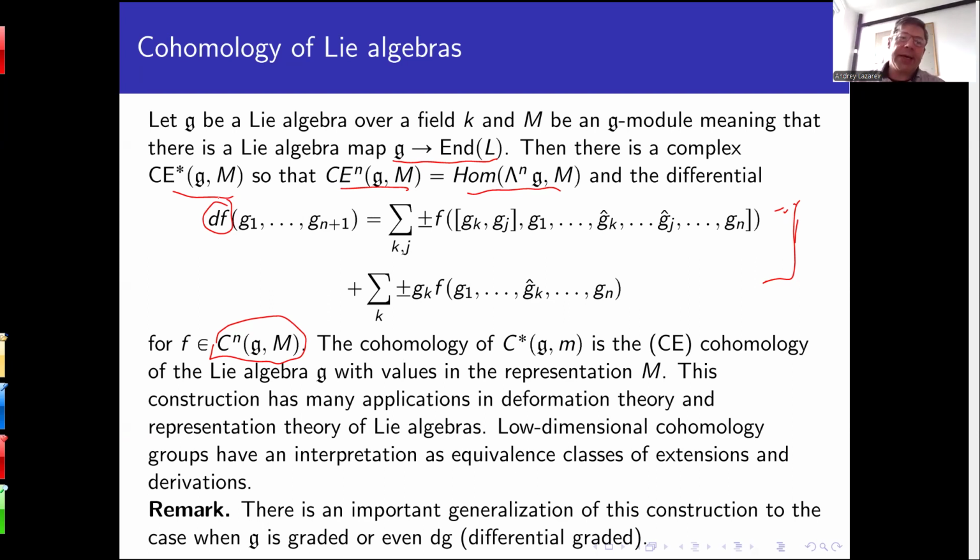In this case, this complex is actually a double complex, where the second differential comes from the internal differential in G and the internal differential on M. During my talk, I will occasionally refer to the differential graded case, but without loss of generality, you can disregard this, at least for the purposes of this talk.